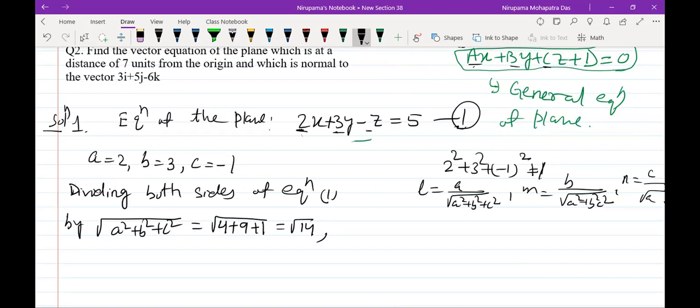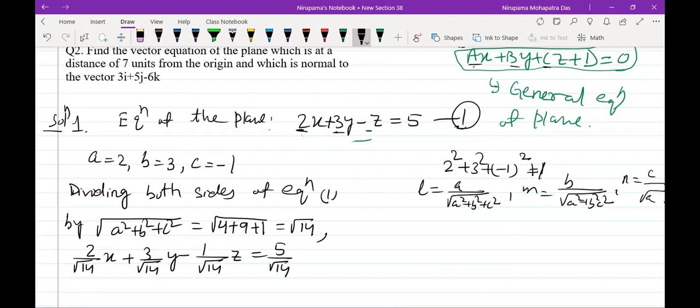So we are getting 2 by under root 14 into x plus 3 by under root 14 into y minus 1 by under root 14 into z equal to 5 by under root 14.